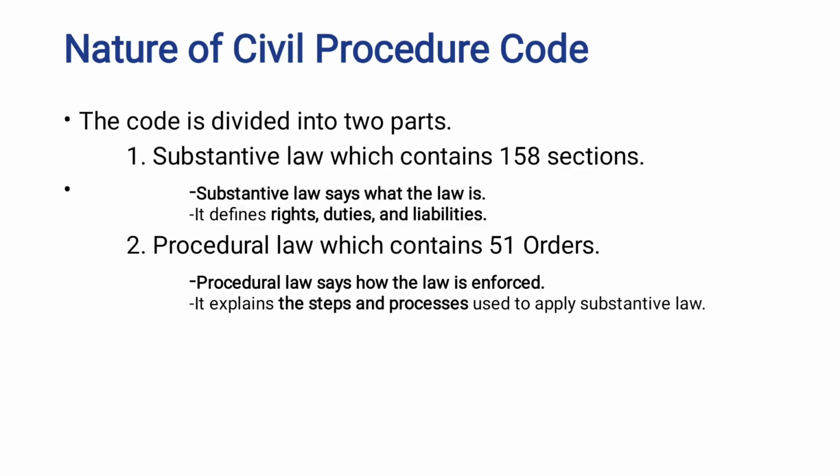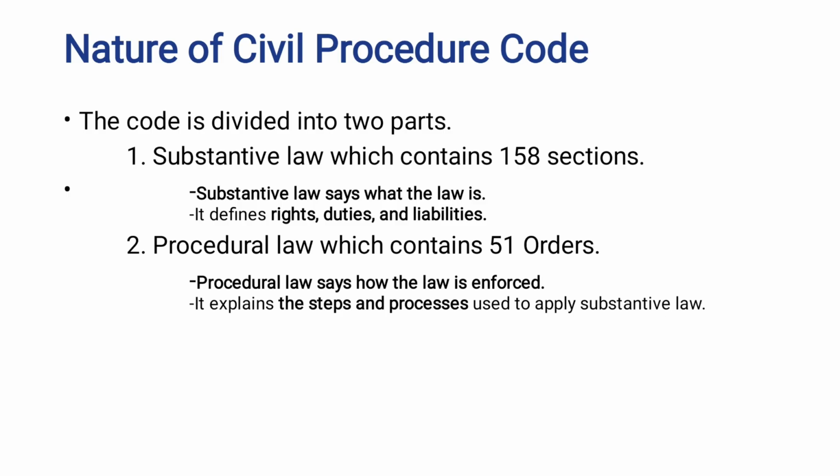Coming to the nature of the Civil Procedure Code, the code is divided into two parts. The first one is substantive law, the second one is procedural law. The substantive law, which contains 158 sections, says what the law is. It defines rights, duties, and liabilities. That means it will tell us what is legal and what is illegal.